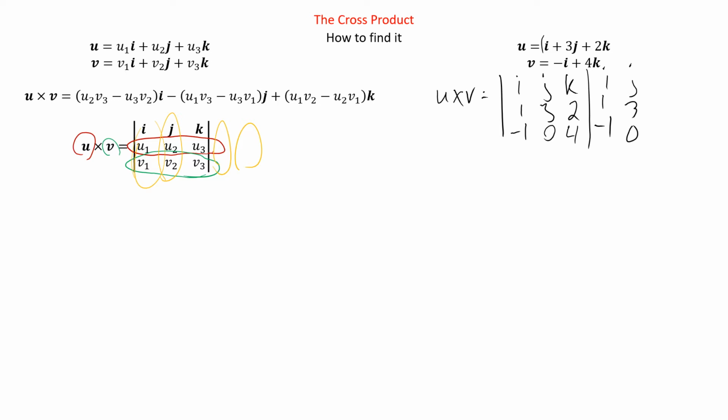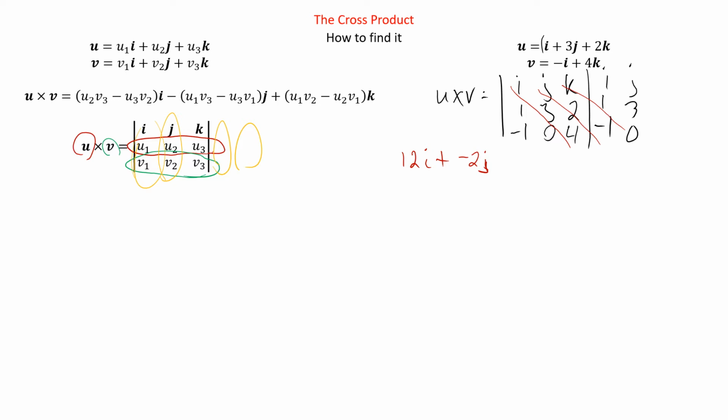And now we're going to take our diagonals and we're going to multiply each of those together. So we're going to have 3 times 4 times i, which 3 times 4 is 12. So we'll have 12i plus negative 1 times 2 times j, so that's negative 2j, plus 0 times 1 times k is 0k.